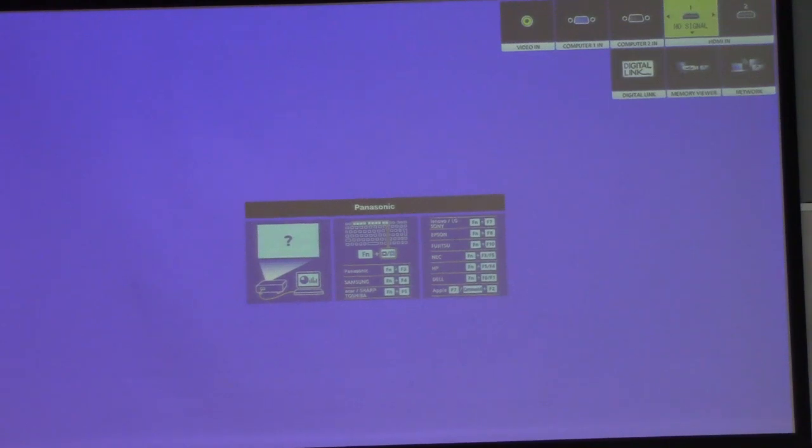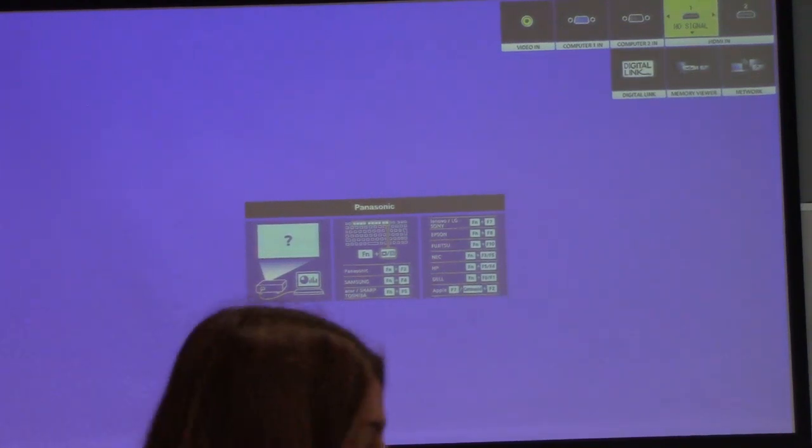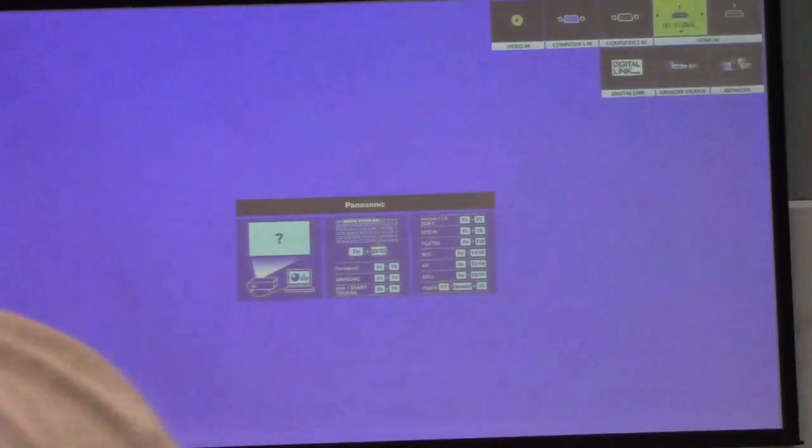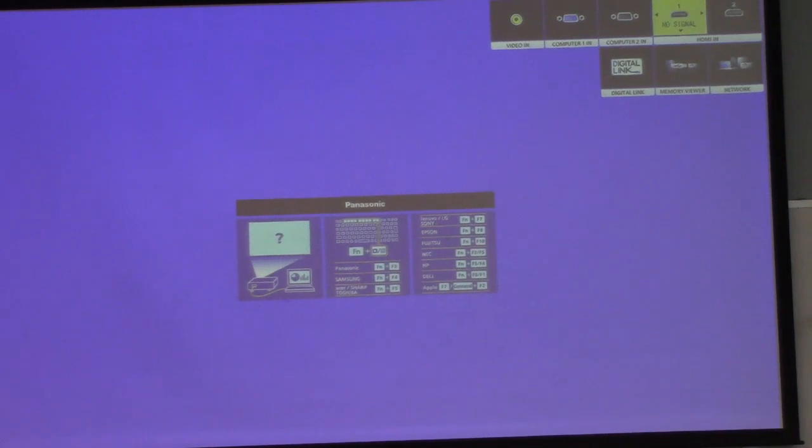From 17 to 23. All right, let's turn them in. All right, guys, hand them over. Hand them this way. Make sure your name is on there.